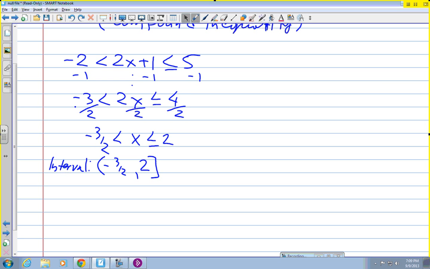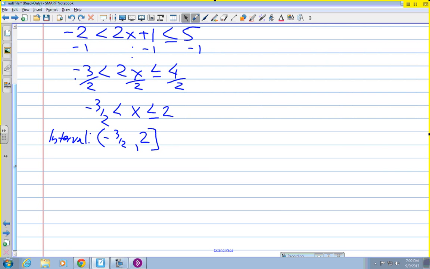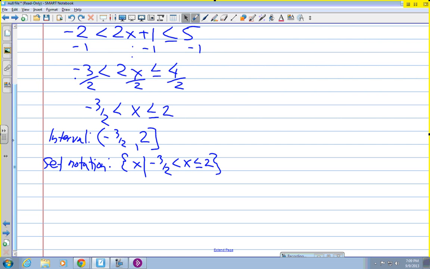So you see all the numbers that are greater than negative 3 halves and less than 2 at the same time. In the set notation, we would get all x's such that x is in between negative 3 halves and 2.